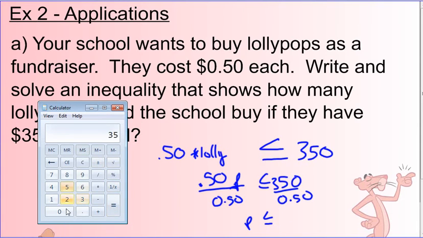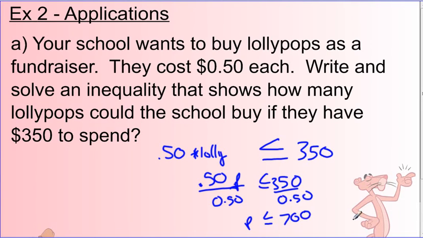350 divided by 0.50 equals 700. So the lollipops could be less than or equal to 700.